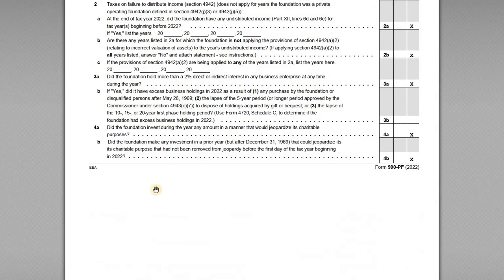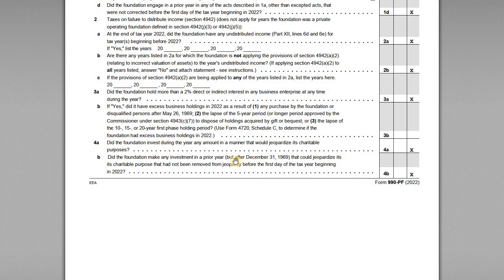Okay. This is worth touching on too. Investments that jeopardize charitable purpose. Think of this as the prudent investor rule. Foundations have to invest the principal reasonably, as a prudent investor, or you can't make risky investments. The idea is if you make a risky investment and the portfolio value collapses, then the foundation has no funds available to fund other charitable purposes.